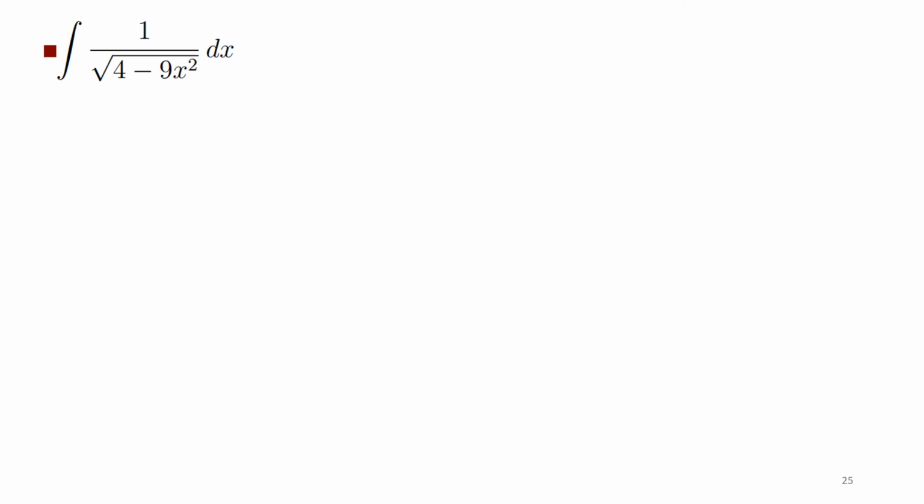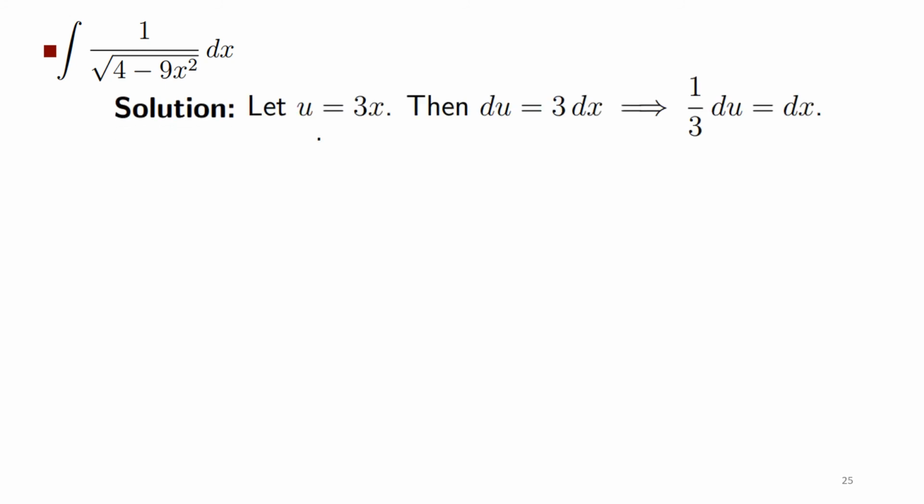Now we go to the last example in this presentation. We are asked to evaluate the integral of 1 over the square root of 4 minus 9x squared dx. For the solution, notice that 4 can be rewritten as 2 squared, and 9x squared can be rewritten as the quantity 3x squared.